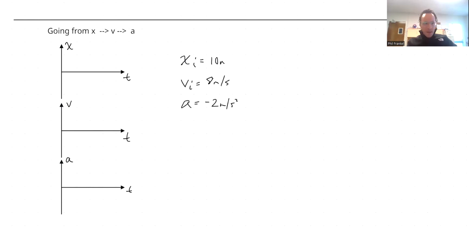I'm going to draw a little diagram of what's happening here. This is my x-axis, where positions are measured in meters. This is the origin, and this object starts at x equals 10 meters. So there's the object.